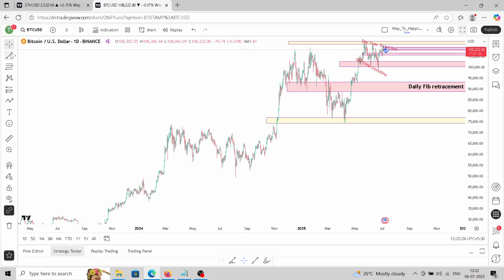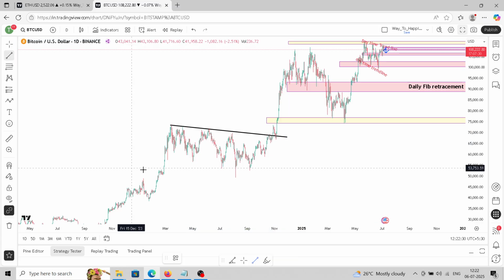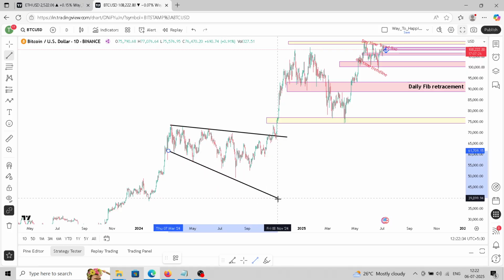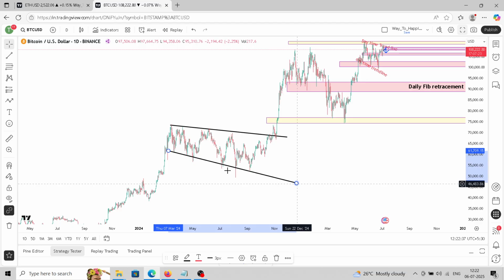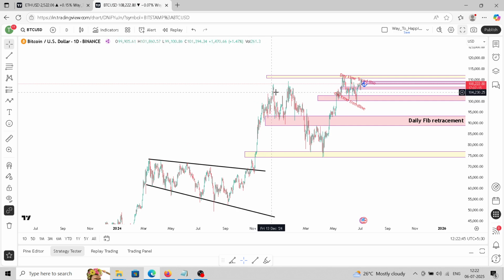If you see this pattern, yeah, this was a very famous pattern created when the prices were hovering around 59,000 to 65,000, and then it broke and the prices reached 100K, right? That time also people thought it would break, but it didn't happen.